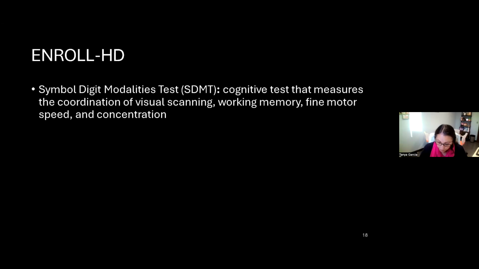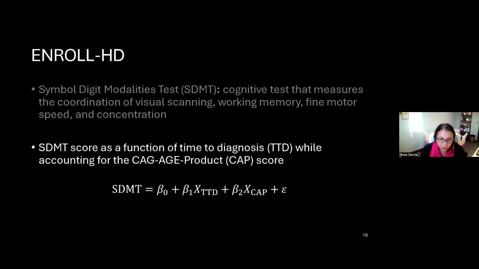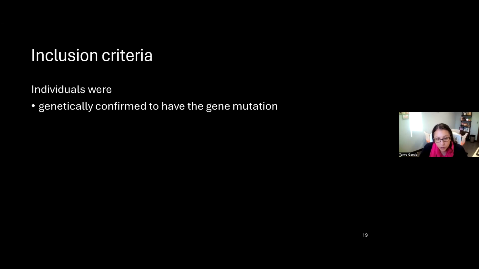So what we did is we modeled this SDMT score as a function of time to diagnosis while accounting for something called the CAG-age product score, which is basically a measure of disease burden. The idea is it accounts for the genetic mutation and how old the patient is. We applied this model to the following individuals. These were individuals who were genetically confirmed to have the gene mutation, so they will eventually develop Huntington disease.